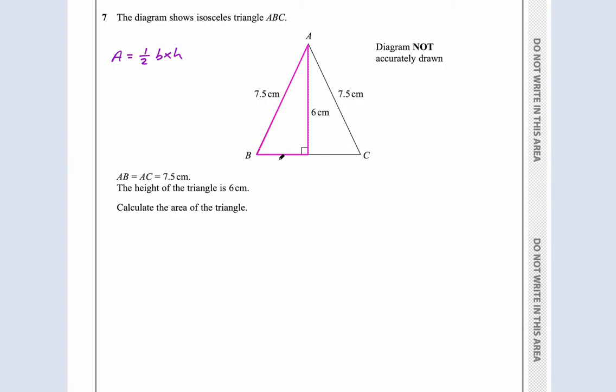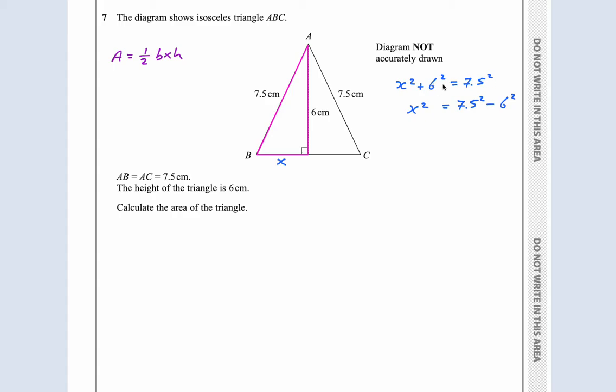So what I can do is, I'll call this x, and I can say x squared plus 6 squared equals 7.5 squared. That is Pythagoras' theorem. This squared plus this squared equals this squared. Then I can say x squared equals 7.5 squared minus 6 squared.